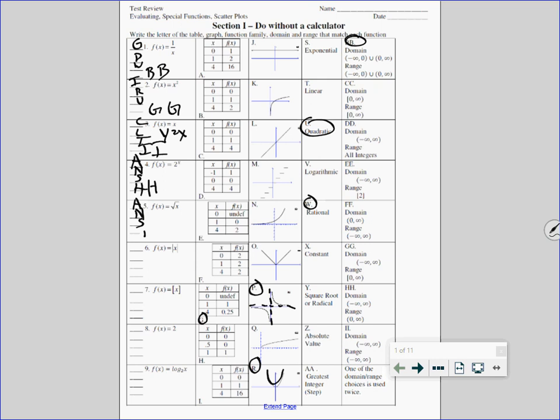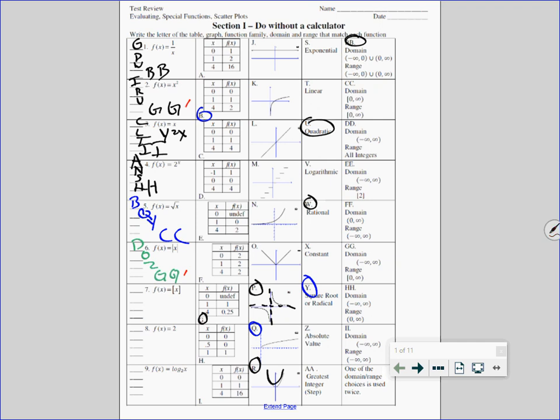Number 6 is the absolute value function. Notice that that is the same as number 2.